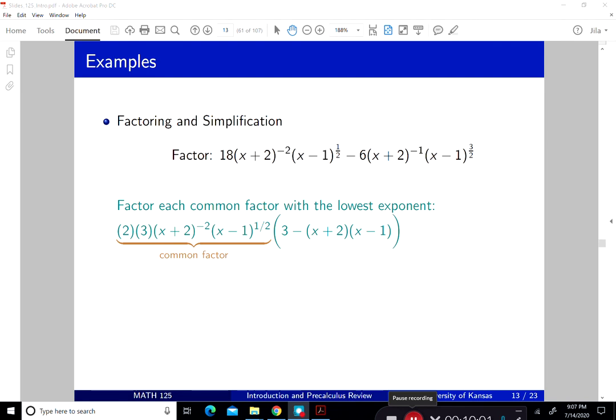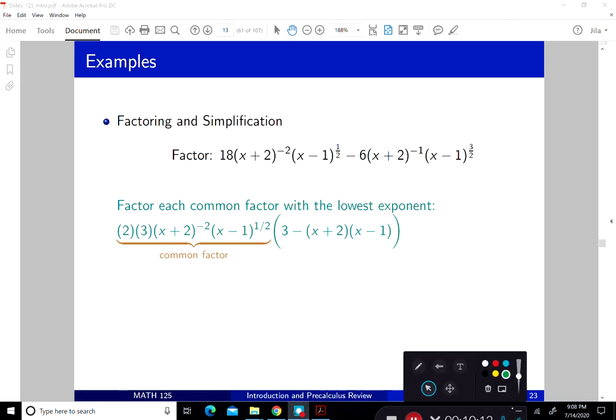Okay, and so when I'm factoring 6 out of 18, we see what is remaining in each term. Out of the first term, if I factor out 6, 3 remains, and then if I factor (x plus 2) to power negative 2, 1 remains, (x minus 1) to power 1/2, 1 remains.